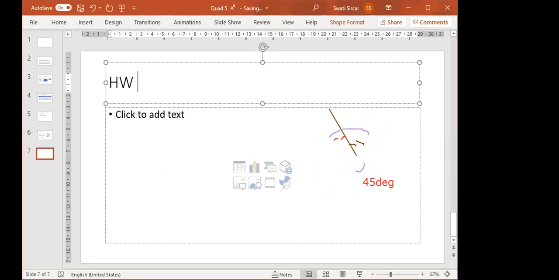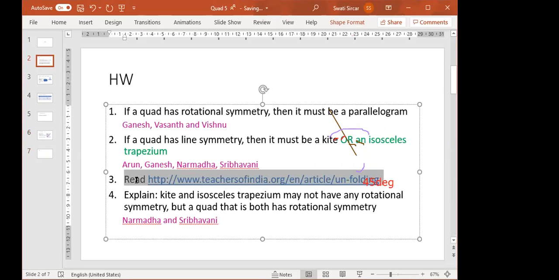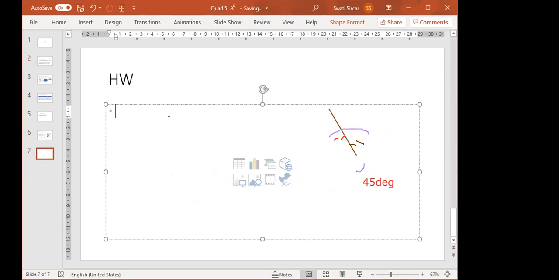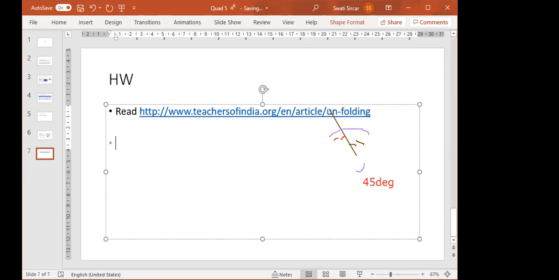So, as homework, I will again ask you to read this because I believe it does include those things. Also, try the following with paper folding. Okay.